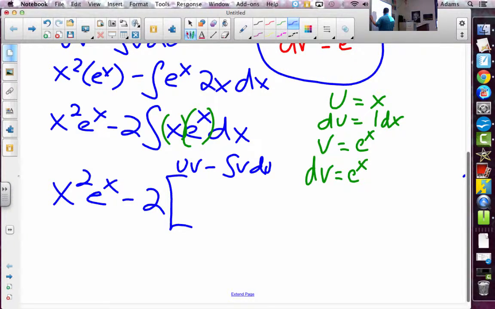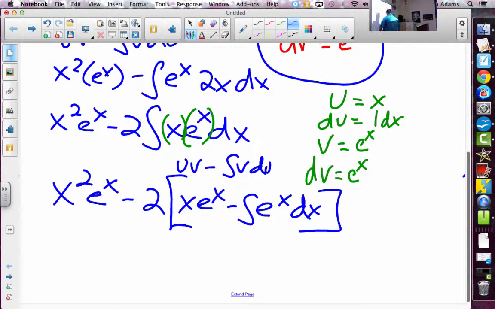So now my new u is x, my new v is e to the x, minus the antiderivative of v, which is e to the x, and then du is just 1 dx. Okay? Now I can take the antiderivative of this all day long, because it's just e to the x.